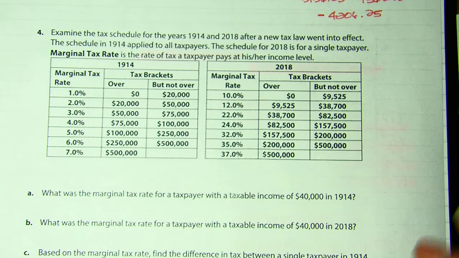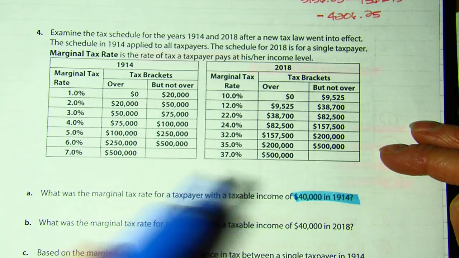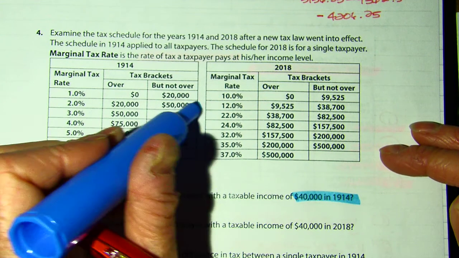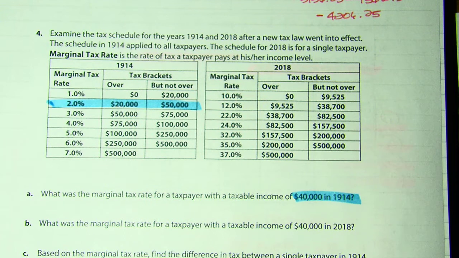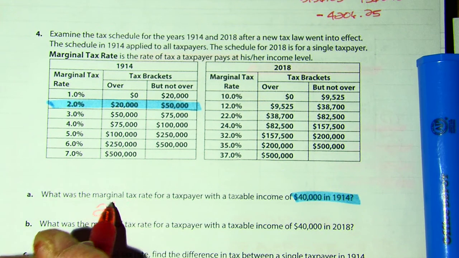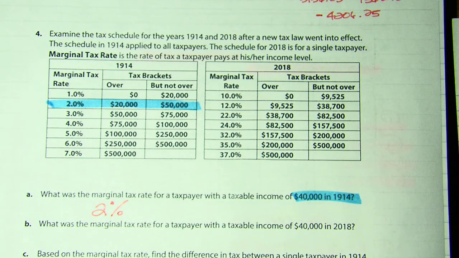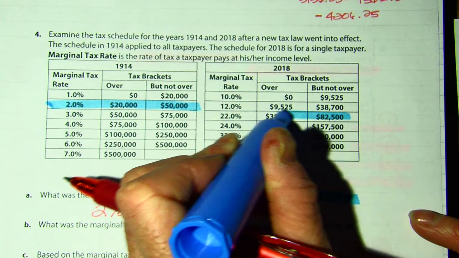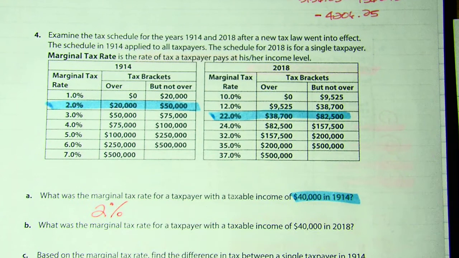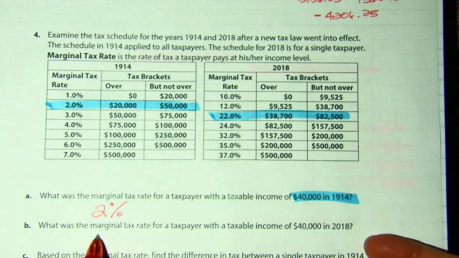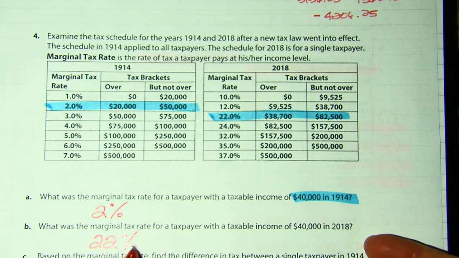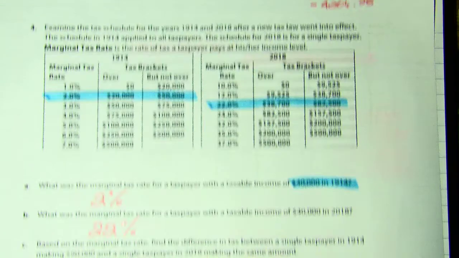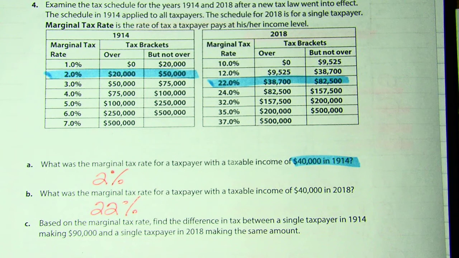So what was the marginal tax rate for a taxable income of $40,000 in 1914? $40,000 falls between here, so your tax rate would have only been 2%. It's incredible. What was the marginal tax rate for $40,000 in 2018? It's right there, right? $40,000 is in between 38 and 82, so 22%. That's a huge, huge increase.